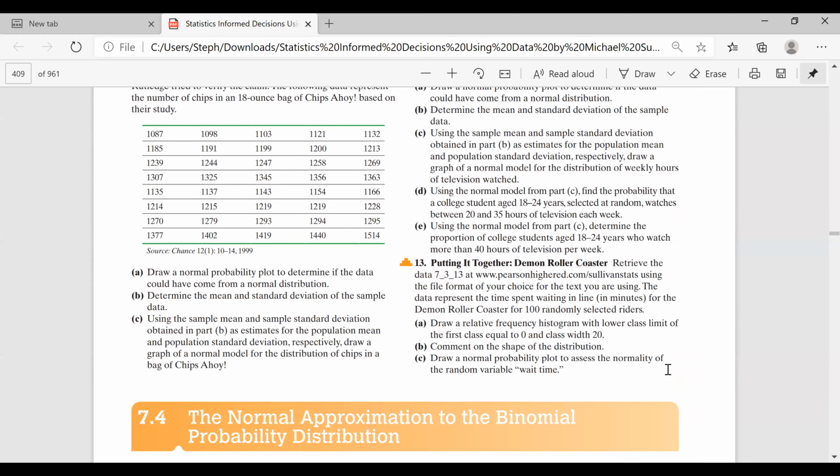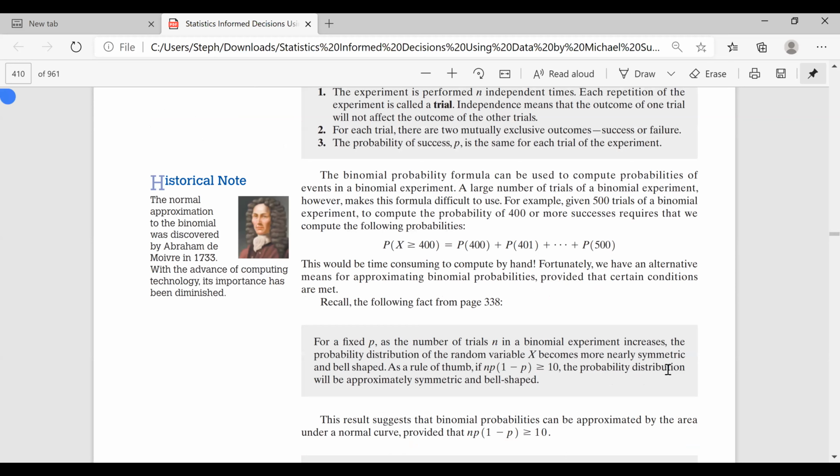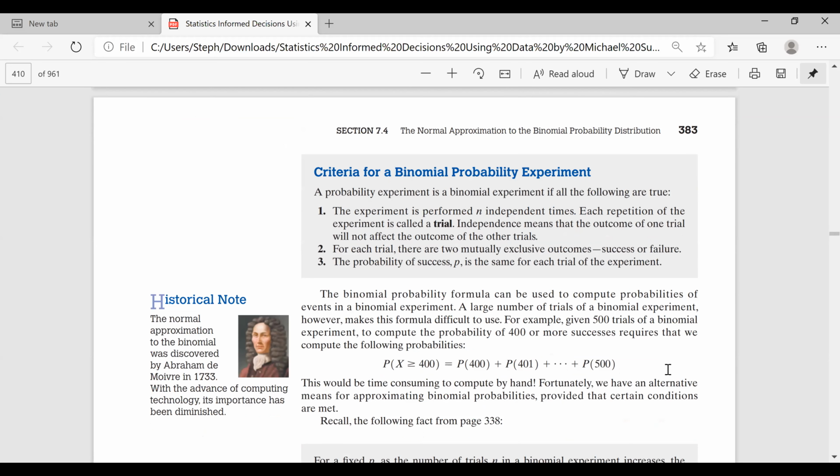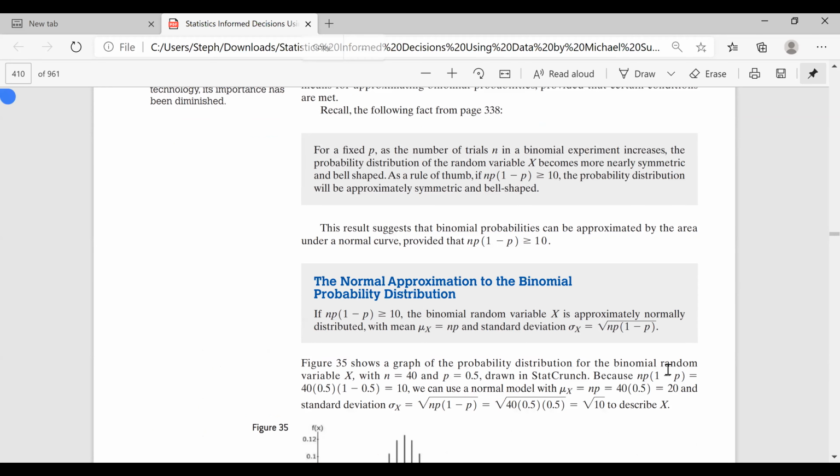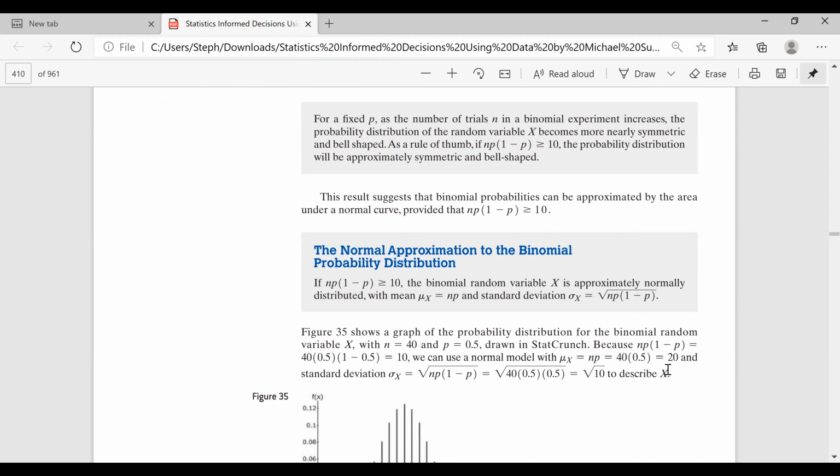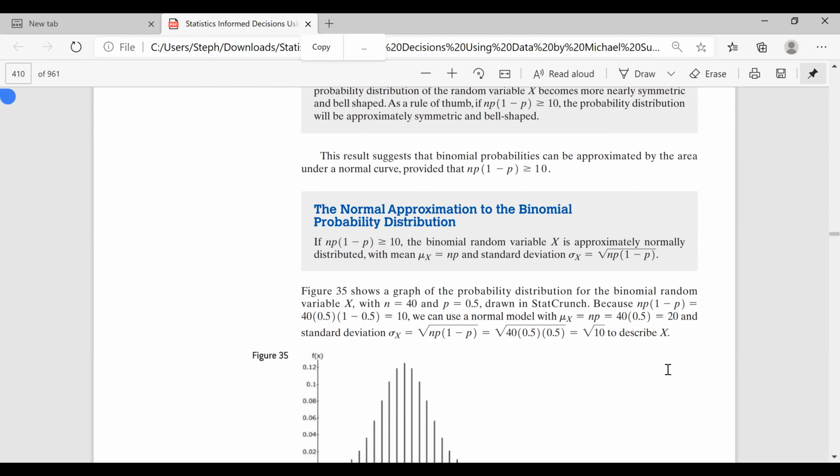Okay, so for 7.4, we're doing the binomial probability experiment. So you're going to want to check that np times 1 minus p is greater than or equal to 10.